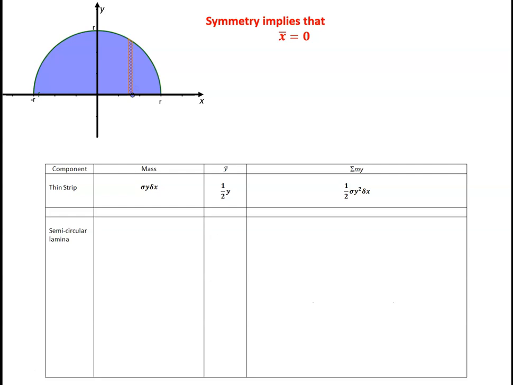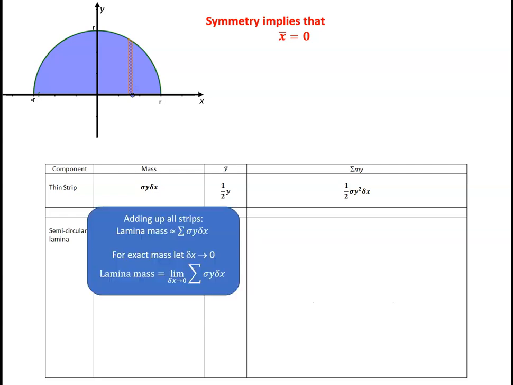For the whole semicircular lamina, we need to add up the masses of all of the little strips. Then, to get the exact mass, we want to let delta x tend to 0. So the lamina mass will be the limit, as delta x tends to 0, of the sum of the sigma y delta x terms.